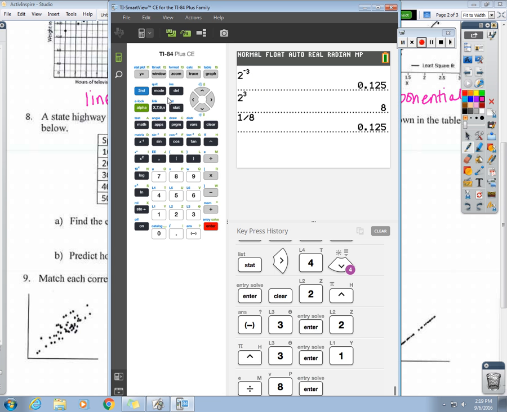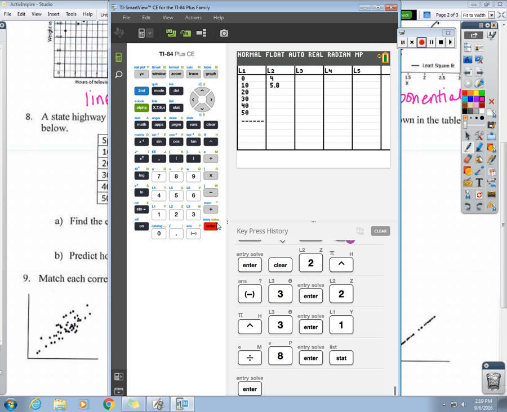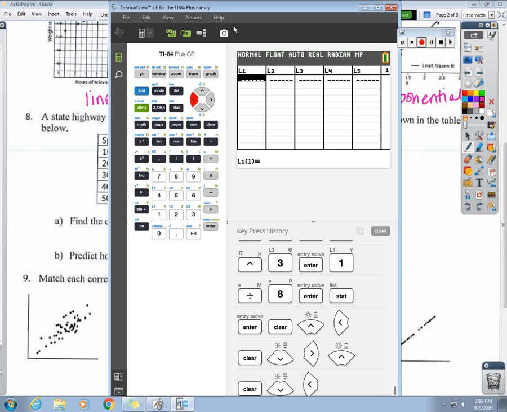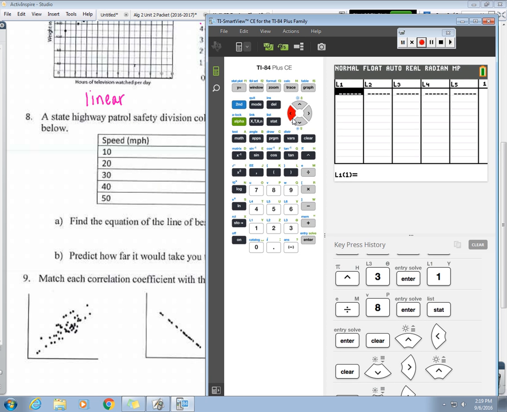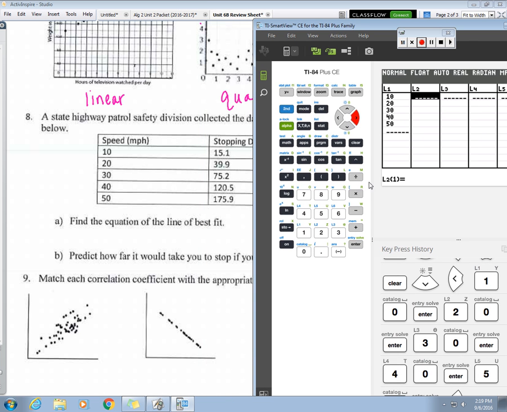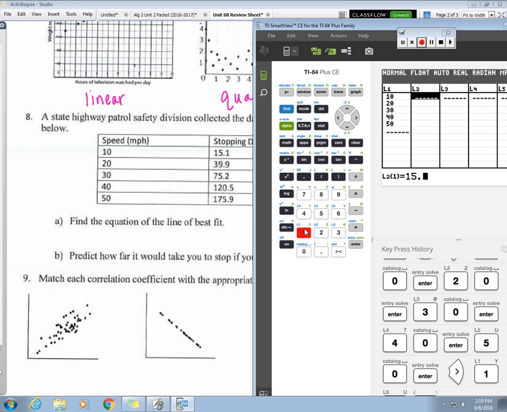Go to Stat, Edit, clear out anything there from last period. In your L1, you're just putting 10, 20, 30, 40, 50. And then in your L2 is where you'll place all the Y values, which in this case are 15.1.